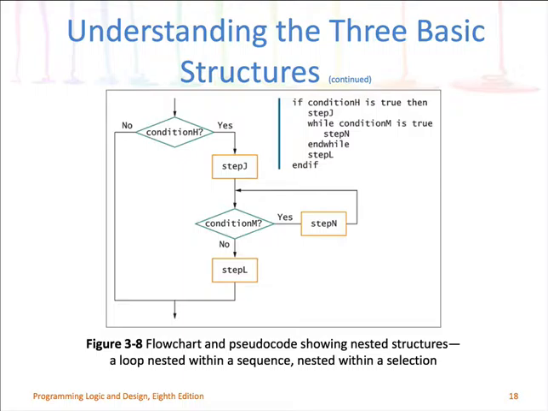If you will, look at the pseudocode in the top right. Notice how the if is indented a few spaces, and then within the while loop, any step that's part of the while loop would be indented another 3 spaces. This makes your code very readable, and if you have syntax errors or even logic errors, it's going to make it a lot easier for you to look through your code and figure out what you might have done wrong.